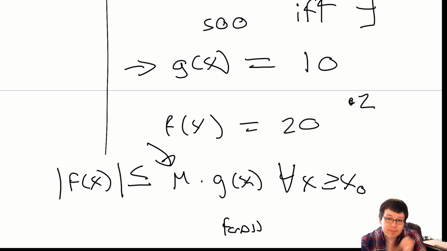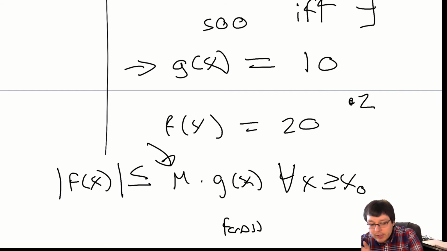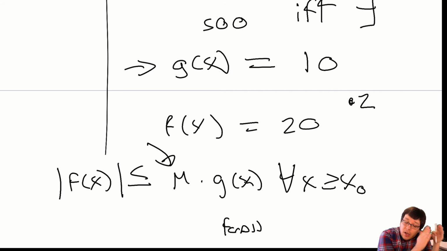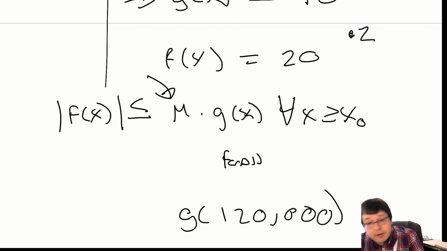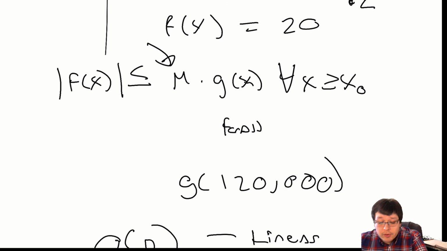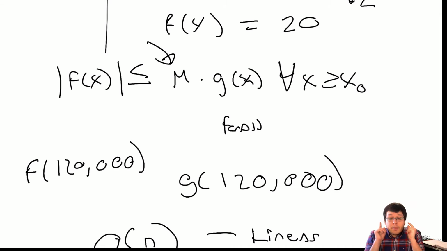Okay? For all, and this part means for all values. So what it is saying is that if x is equal to 1, x is equal to 2, x is equal to 3, those equivalent values have to also match on f of x and still be bigger. So if I tell you g of, like, 120,000, I am guaranteeing you that f of 120,000 has to be a bigger number.